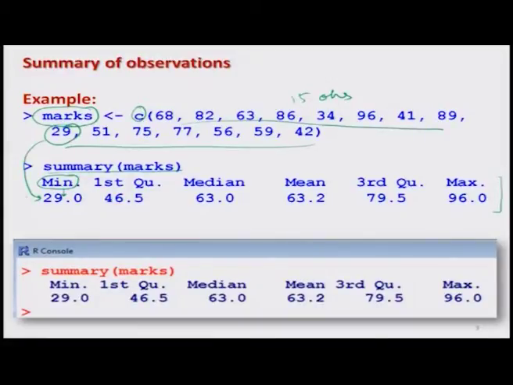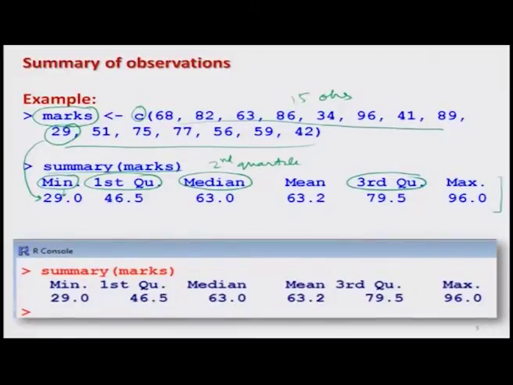Then it computes the first quartile, the second quartile which is actually the median, and then the third quartile also, and the fourth quartile is obviously the entire data set.